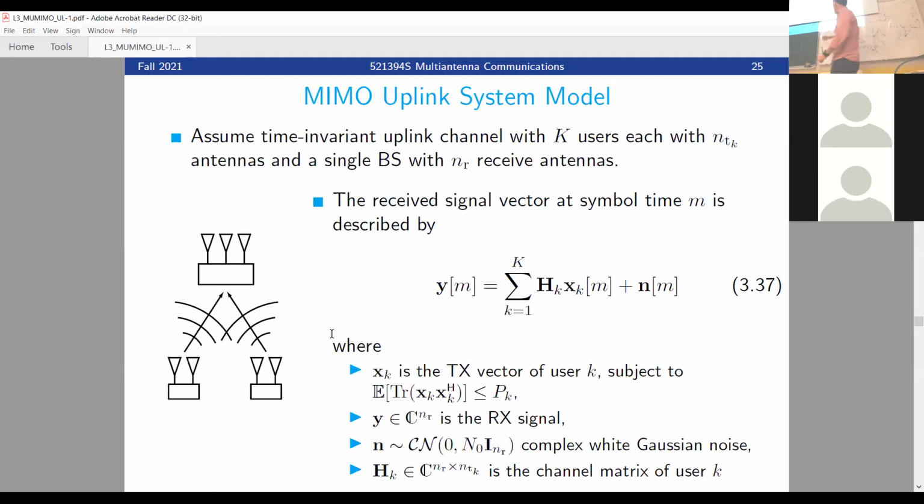Okay, let's move on one step ahead. Now we cover the multi-user MIMO modeling with single antenna transmitters. A simple extension now: we have multi-antenna transmitters, multi-user MIMO.